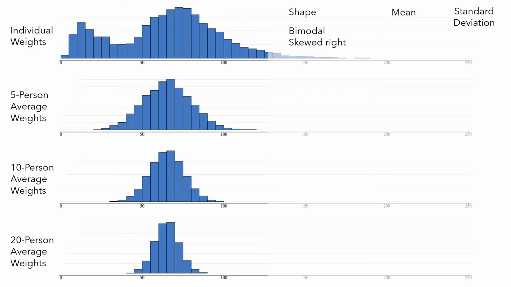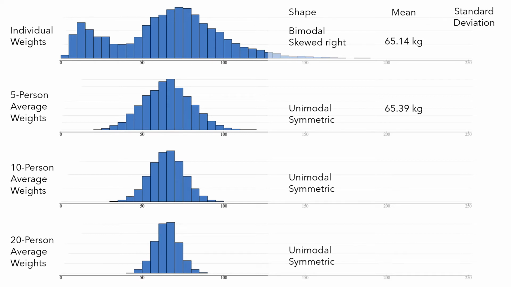In contrast, the 3 sampling distributions are all unimodal and symmetric. The distribution of individual weights has a mean of 65.14 kilograms, and the 3 sampling distributions have mean weights of 65.39, 65.16, and 65.02 kilograms, all very close to each other.